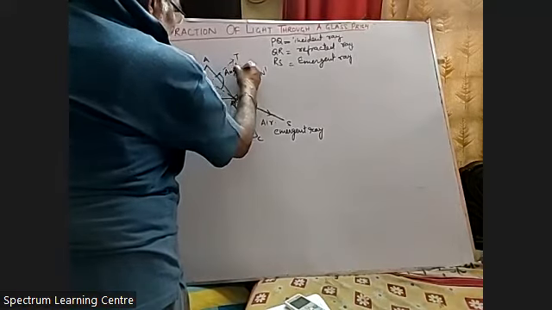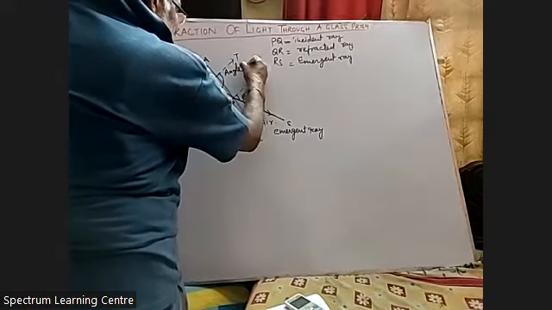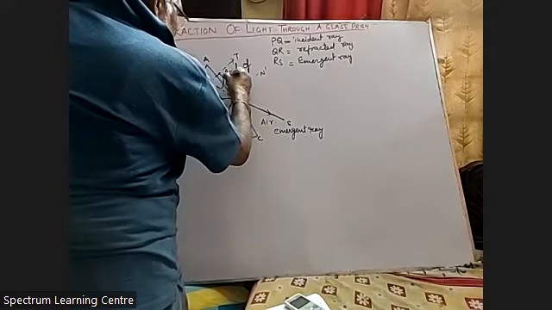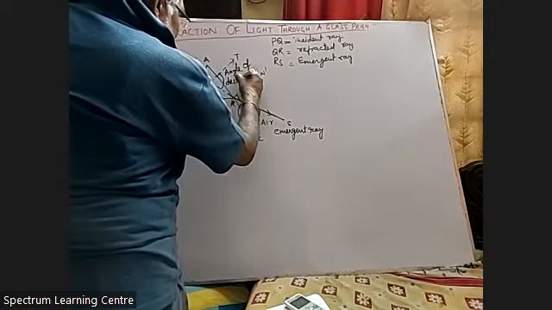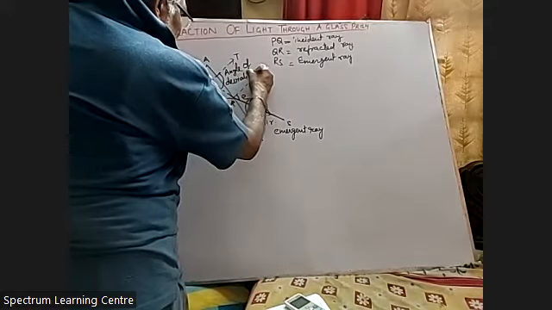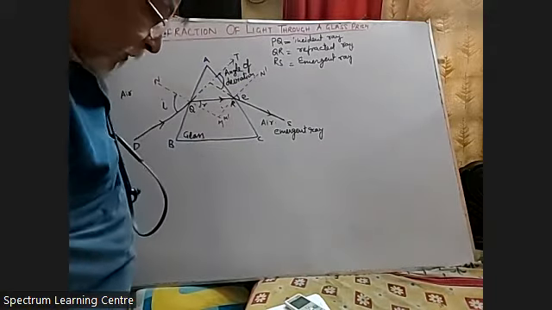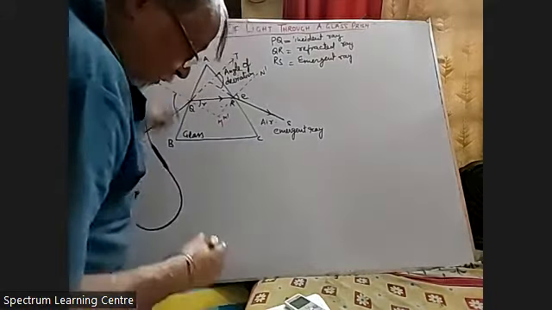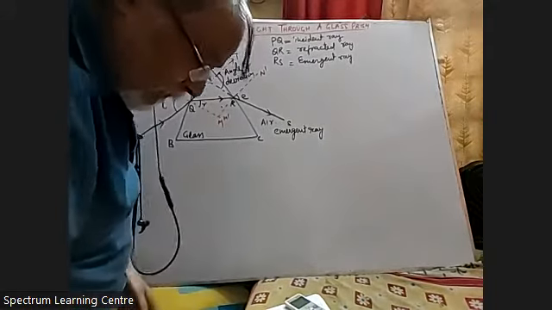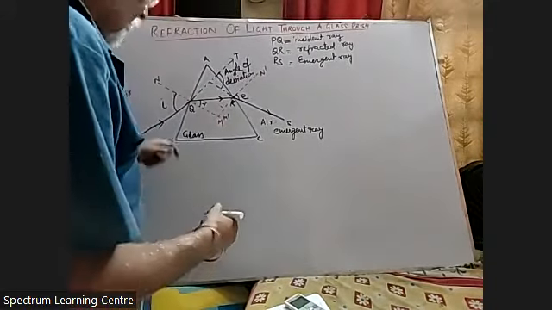This much angle, the light deviated from its own path. So this is called the angle of deviation.